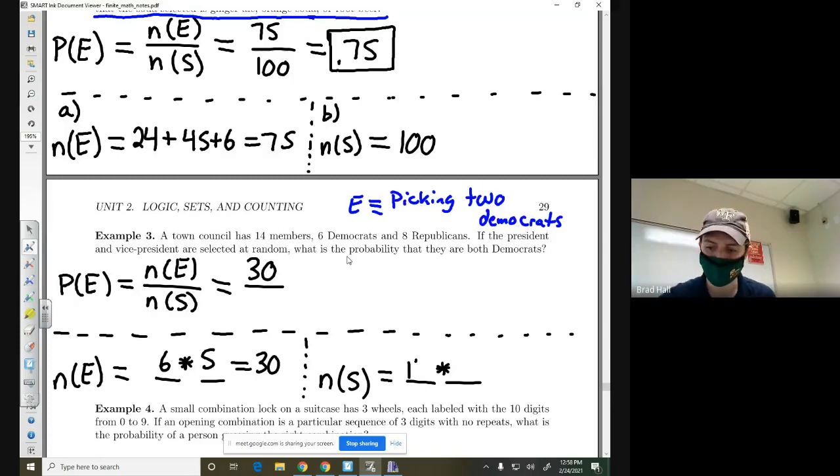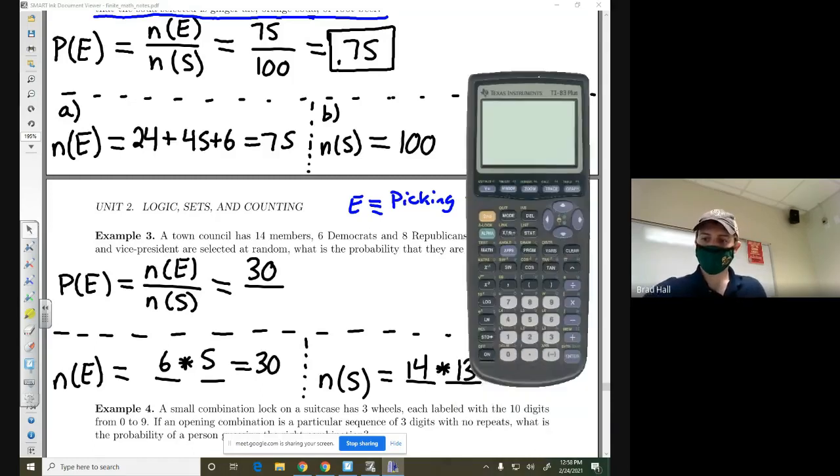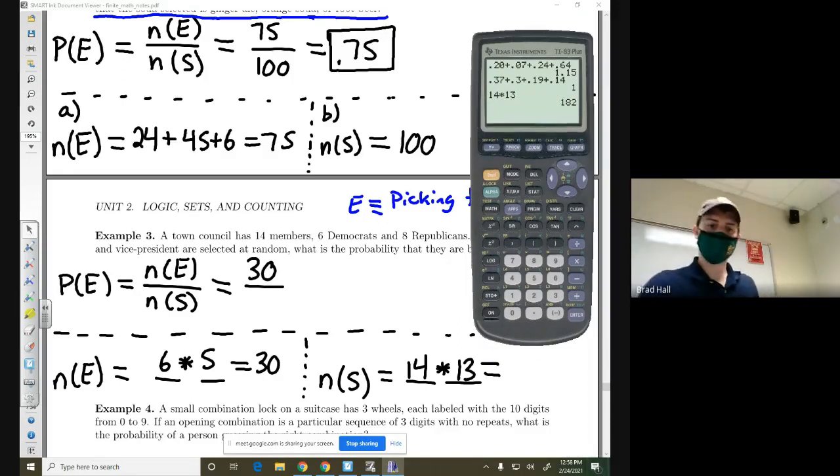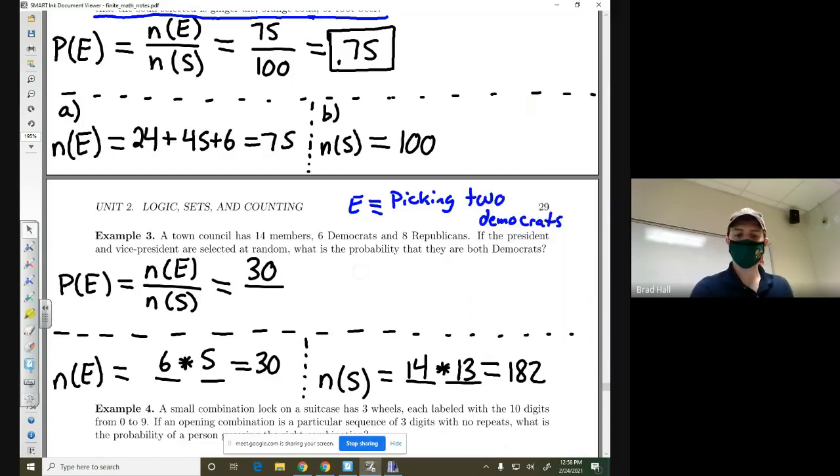So now it's 14, any one of the 14 people, regardless of political affiliation, and then the 13 because we can't repeat. And so 14 times 13, now it's probably a reasonably large number, 182. Cool. So that's how many choices in general, regardless of restriction or event, which tells us the denominator.